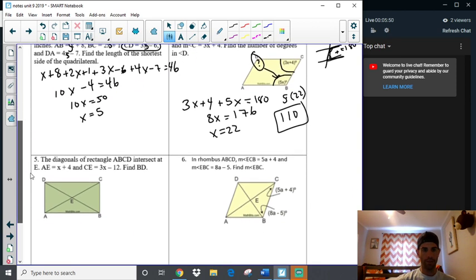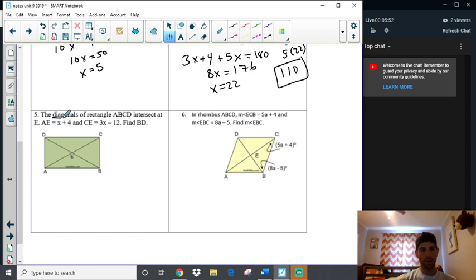Okay, 5. The diagonals of a rectangle. So again, know your rules. Rectangles, diagonals bisect each other. The diagonals are congruent. Now in this question, they gave me AE to be x plus 4. They gave me CE to be 3x minus 12. And then they said, find the distance of BD. BD is congruent to AC.